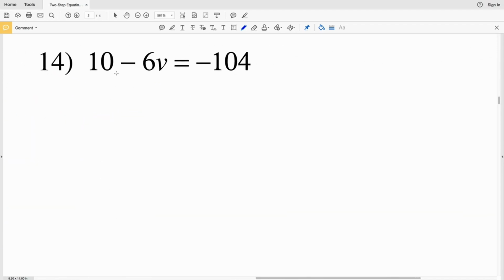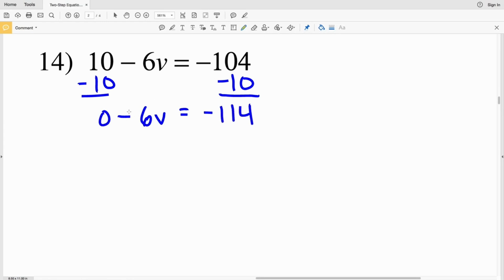Number 14, 10 minus 6v equals negative 104. We're going to start by subtracting 10 from both sides. This is going to leave us with a 0 minus 6v equal to a negative 114. Now notice that this 6v is subtracted from 0.